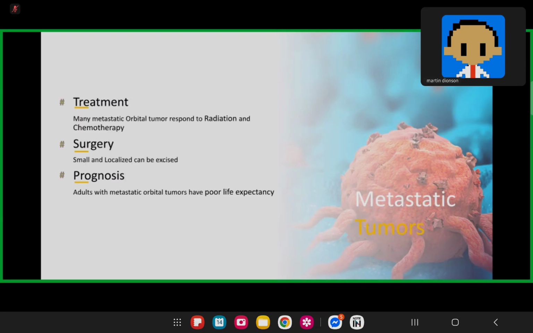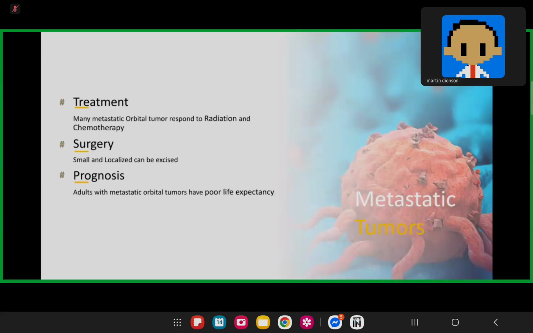Treatment for metastatic tumors: they respond well to radiation and chemotherapy. If it's small and localized, then surgery is one of your treatment options to excise these tumors. But also remember, since these are cancers and already metastatic, they may have a poor prognosis, or poor life expectancy, unless detected and treated early.